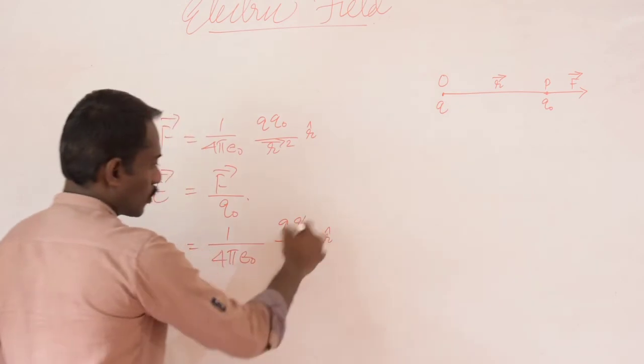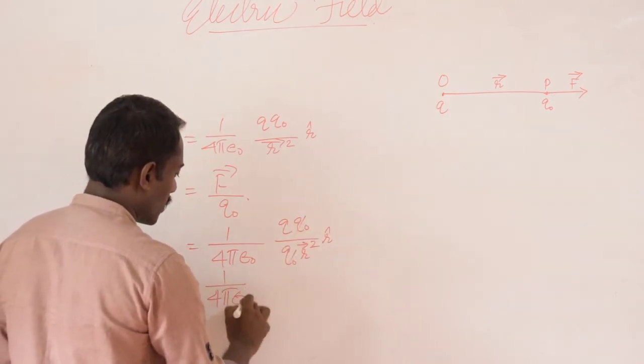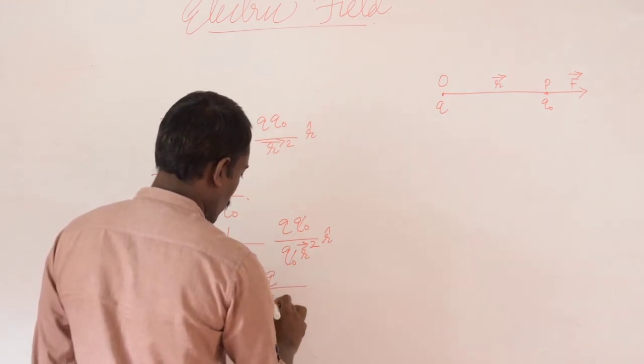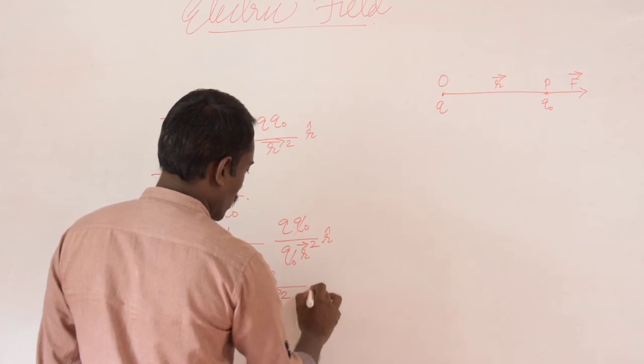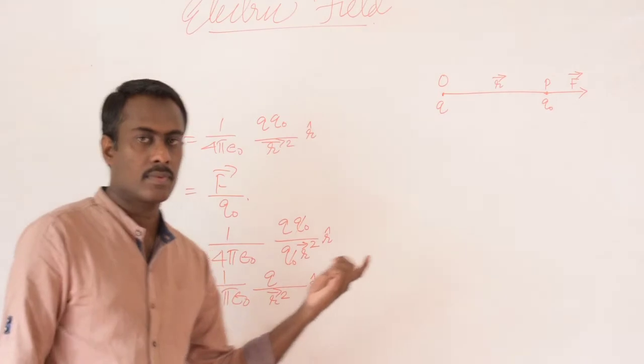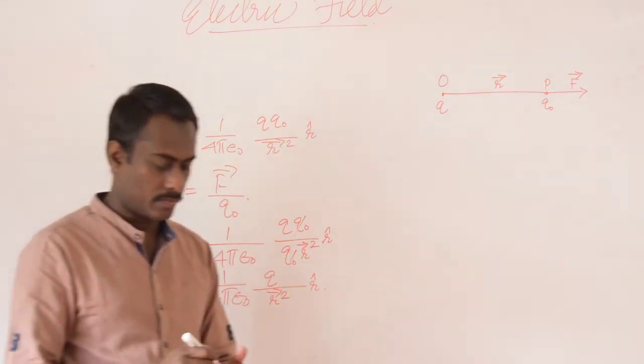Q0 and Q0 will be cancelled, and we get 1 by 4 pi epsilon 0 into Q divided by r square, unit vector r. So this is the magnitude of the electric field exerted by a point charge.